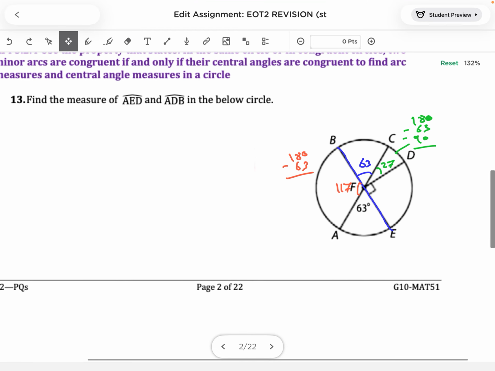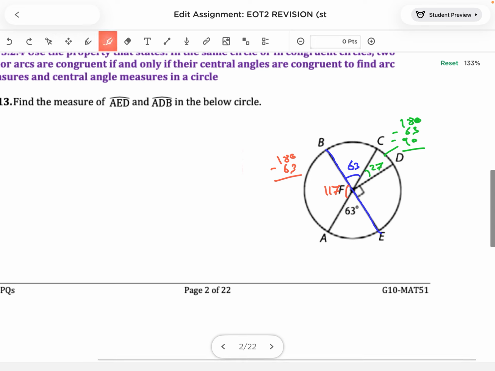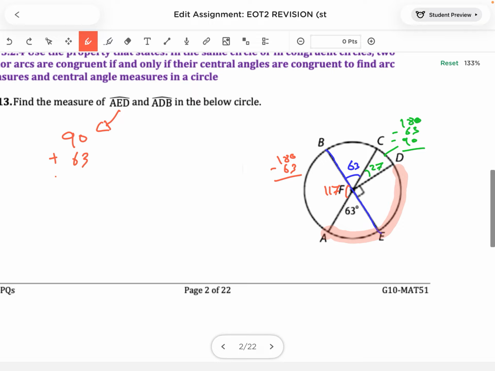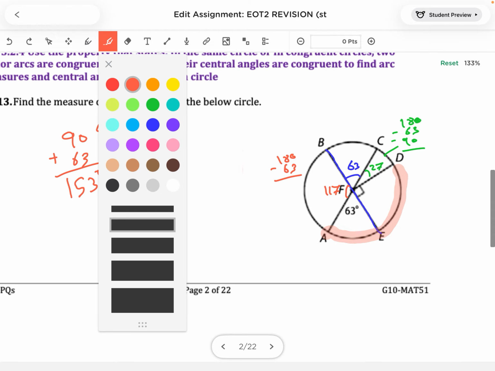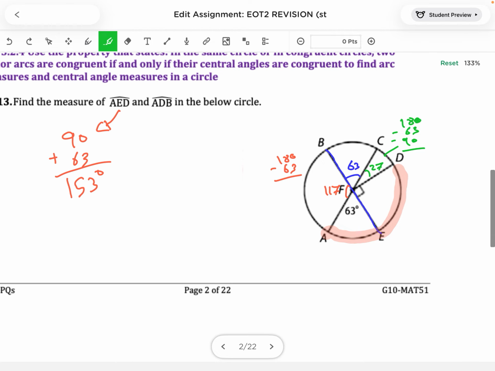The question needs measure of arc AED. They need this, which is 90 plus 63, 153 degrees. The second part, the question needs the arc ADB.